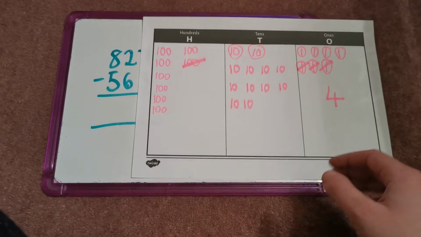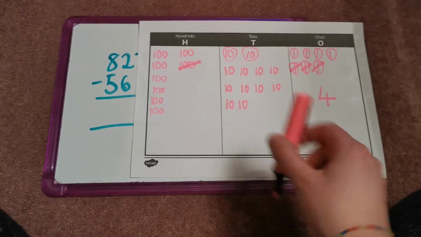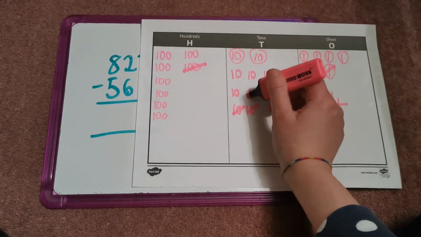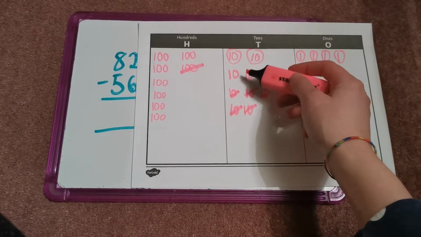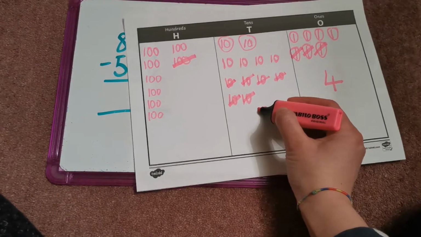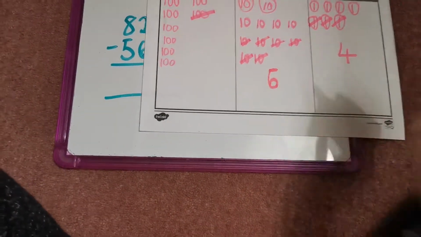So I can subtract 60 from that now, because the biggest number always goes at the top when you're subtracting. So 1, 2, 3, 4, 5, 6, and you can see that I'm left with 10, 20, 30, 40, 50, 60. So I put a 6 for 6 tens, 60.